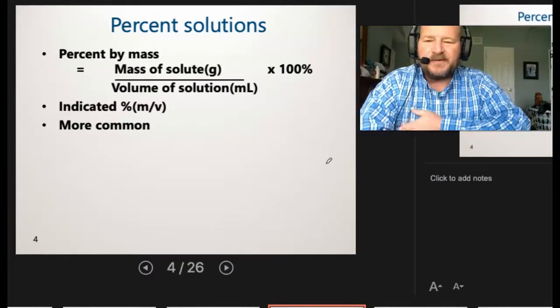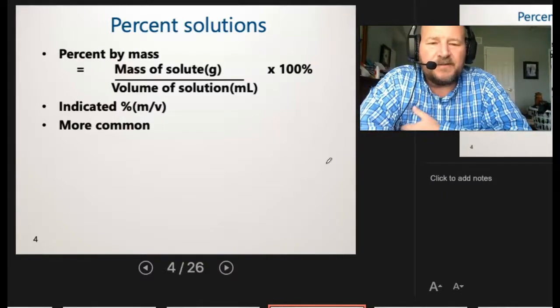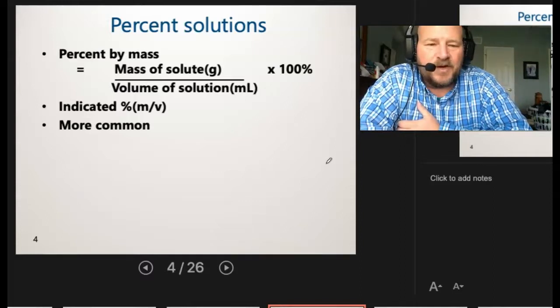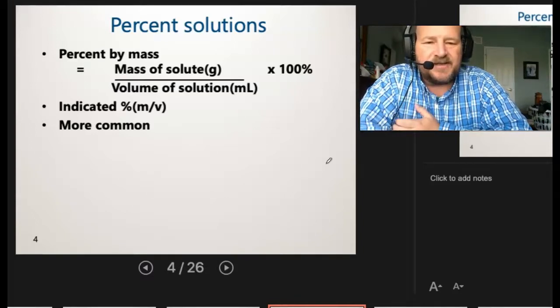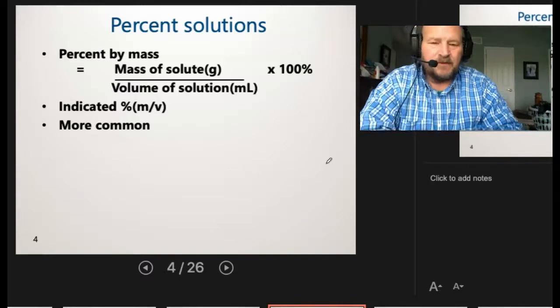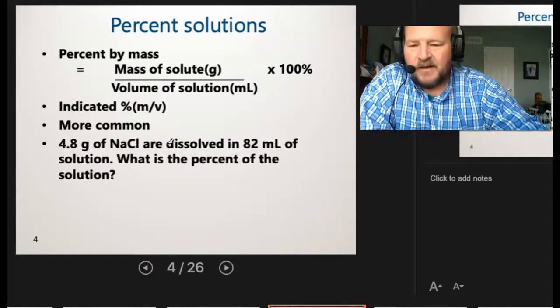This is what you're going to see most of the time, percent M over V. If you go to the hospital, usually they'll say you're dehydrated, and they'll want to hook you up with an IV and put in saline solution. And of course, that's going to be M over V. Now, why is it more common? Well, because sodium chloride is a solid, and it's easier to measure out a solid by mass and then put it in a set amount of volume. So that's why it's more common.